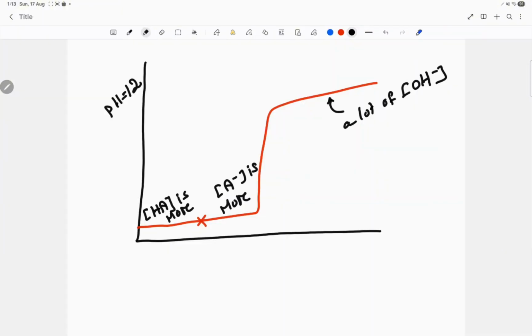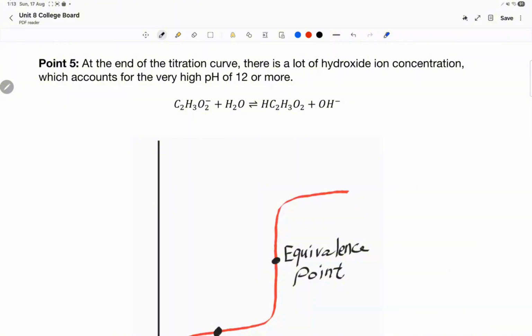Okay, going back here, if the equivalence point, say, required 30 mL of base, the half equivalence point is going to require exactly half. That's why it's called half equivalence point. Get it? So at the end of the titration curve, we have a lot of hydroxide ion.